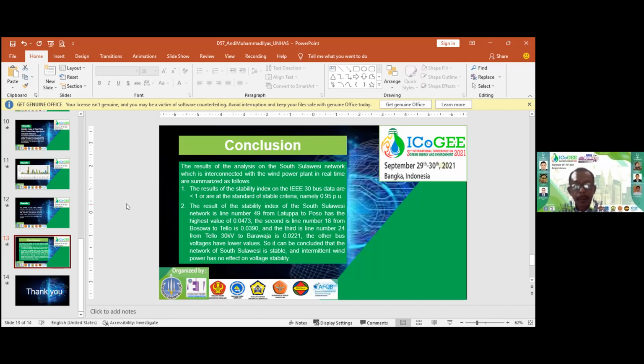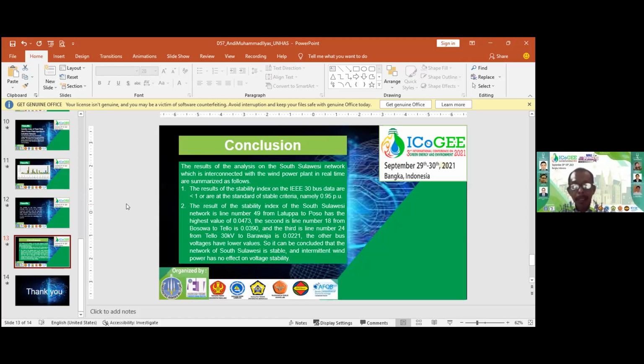Two, the result of the stability index of the Sulawesi network: line number 49 from Latuppa to Poso has the highest value of 0.0473.